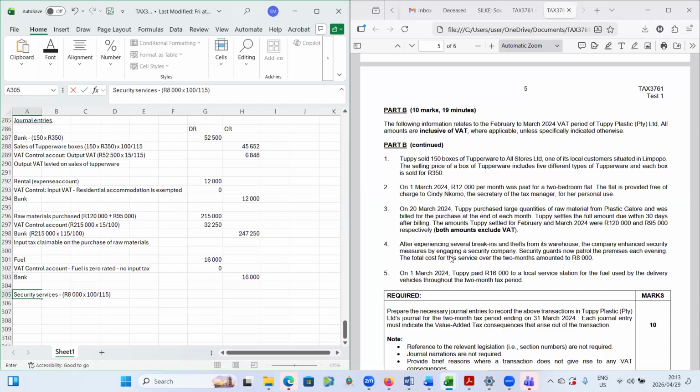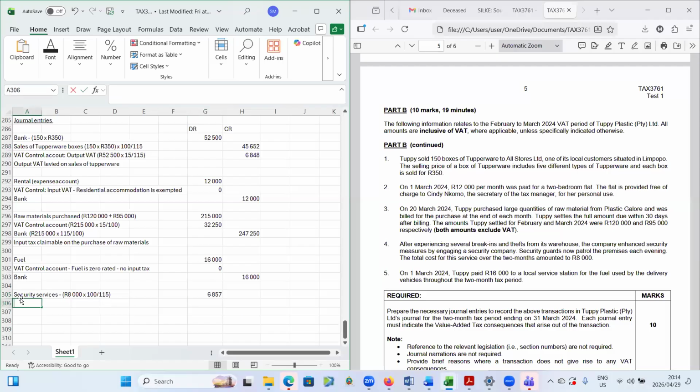So when I multiply by 100 over 115, I'm actually excluding VAT from 8,000 because I want that line to be posted directly into the profit or loss account when you are determining the statement of comprehensive income. How much is the amount which must be posted there in the profit or loss account? I'm getting 6,957 rand.